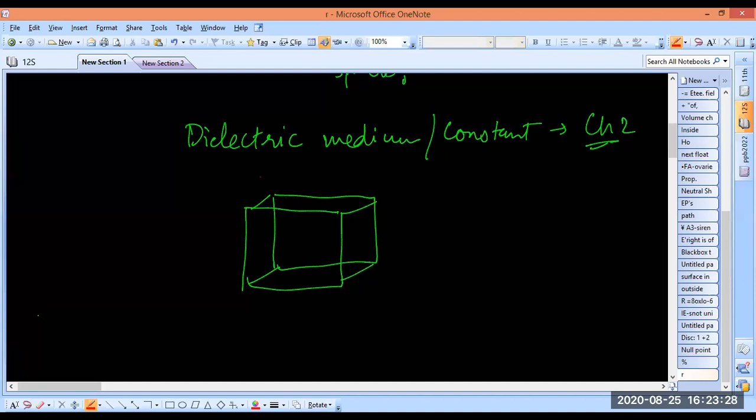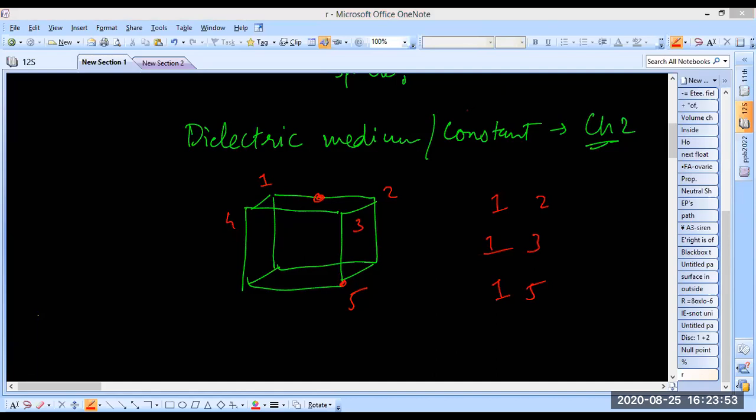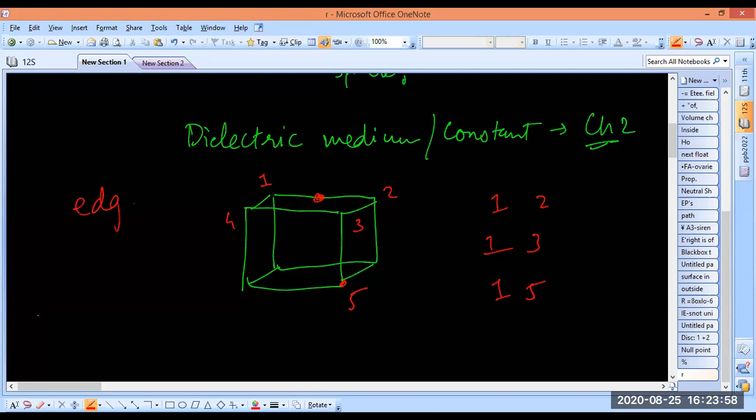So Dhawal, do you mean corner 1 with corner 2, or between 1 and 3, or between 1 and 5? Because the answer will change depending on that. 2 and 3. Okay. Interesting. 2 and 3 is the same as 1 and 2. So that is an edge, correct? This is an edge of the cube. So if you put it on an edge of the cube, what will happen?